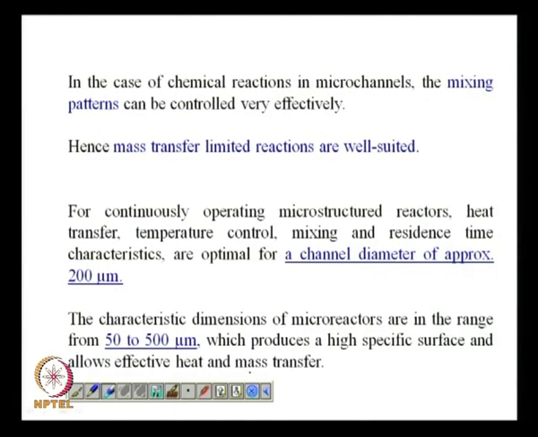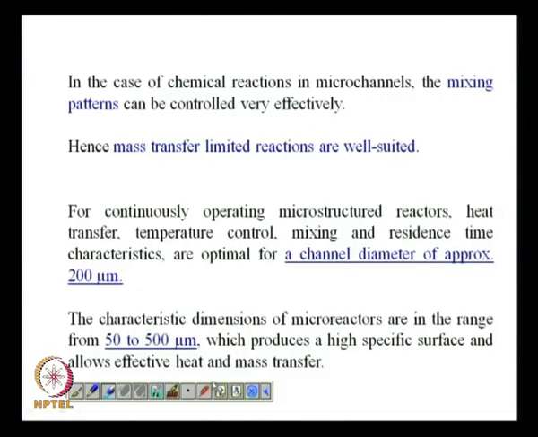So, we know that mass transfer limited reactions are well suited for microreactors, and it has been shown that generally the sizes of the microreactors are approximately 200 micron. It can vary from 50 to 500 micron, but the optimum size of a microreactor will be of the order of 200 microns. So, we have to keep that in mind, 200 microns and a few centimeters in length.